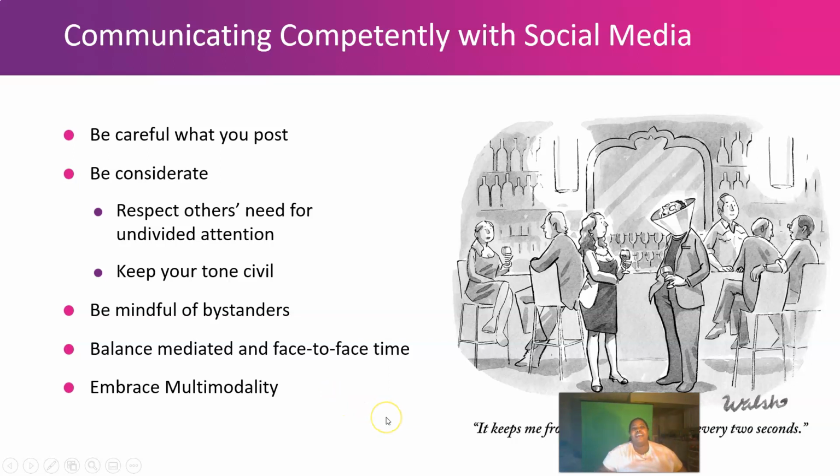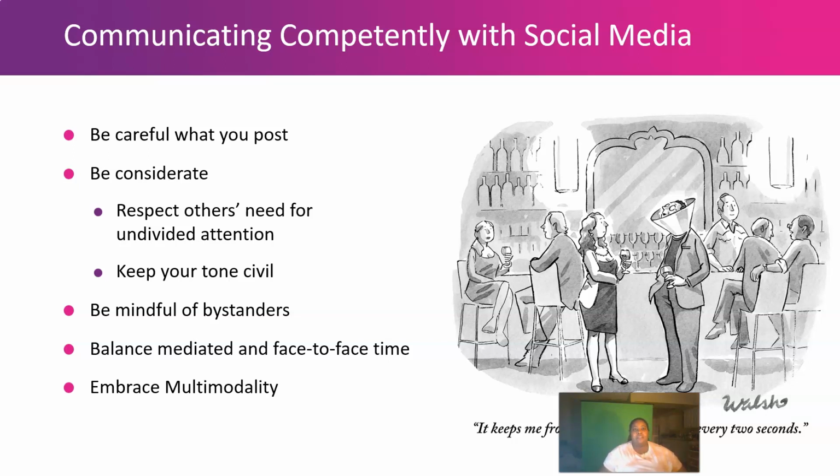And finally, we're going to talk about how to communicate competently on social media. So just be careful what you post, be considerate. Remember, this is permanent. Be aware of getting into drama with bystanders, or just be aware that there are other people watching your social media, and just be mindful that it's not just an isolated incident.